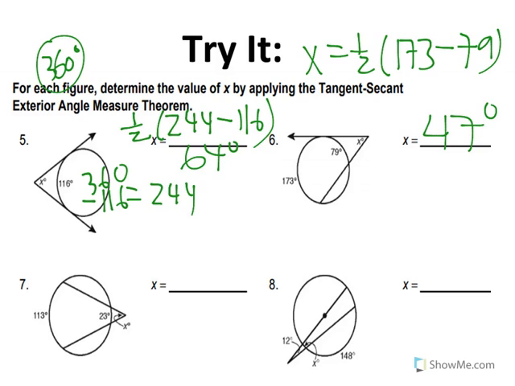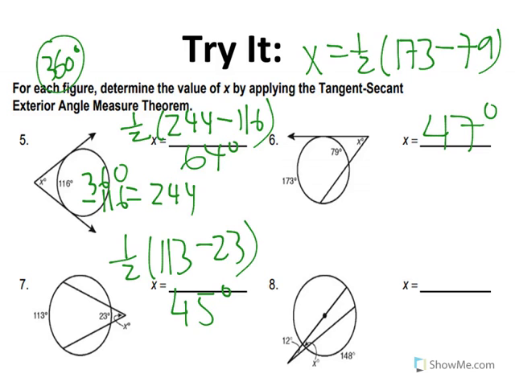And number 7, we work out the same way, so then this is 1/2 of 113 minus 23. So x is 45 degrees. Right? Okay, and for number 8, we need to do some work, right?